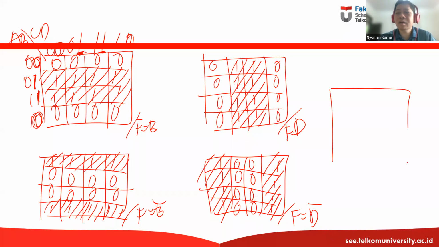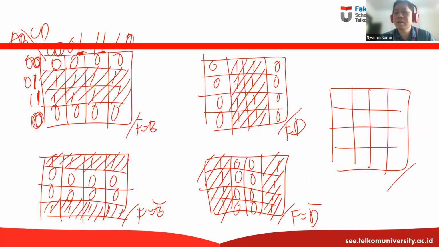Now, how can we combine B and D? Let's say in which cells the simplest function is B D naught. Okay, this one is B, and this one is D naught.